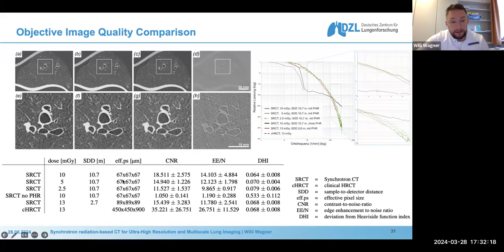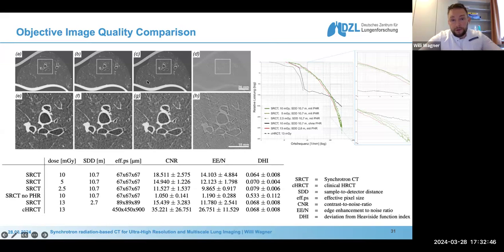And those numbers that we generated are posted here in the very left column. And you can see that the dose is comparable to what we achieve in the clinic. Of course, we have to keep in mind that we are looking only at a very small subset of the lung. We are conducting a local tomography.